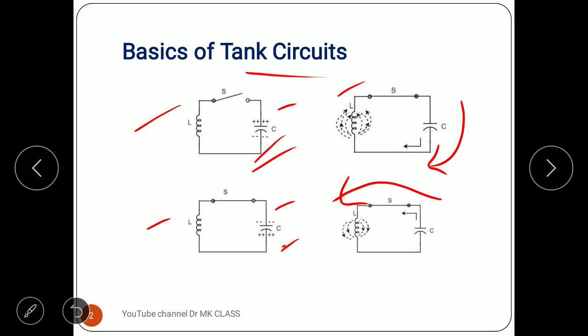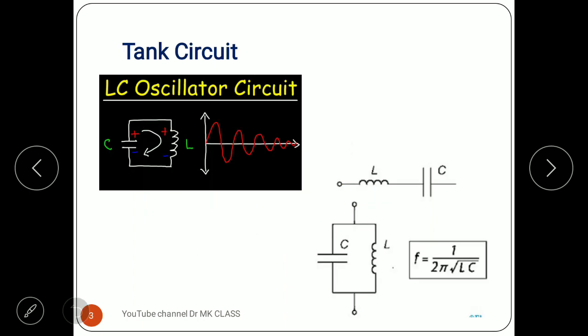So charging and discharging will happen until a particular time, and the waveform will come like this. You can observe it will come like this through the capacitor and inductor, since both are charge holding devices.